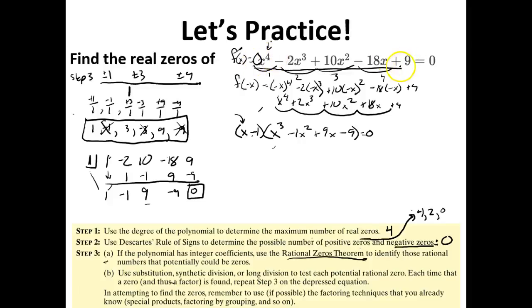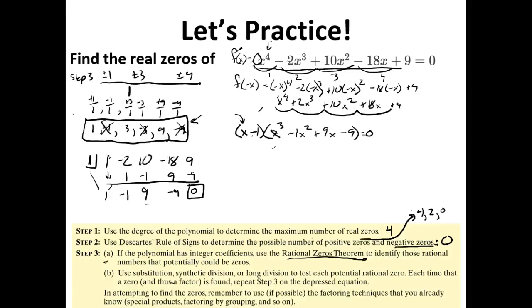So we had a 1 and we had a 9. Here we have a 1 and a 9. So what's going to happen again is that my possible rational zeros, because this 1 and this 9 ended up the same, those possible rational zeros are going to be the same as this list here, which means I can just try these numbers over again here.